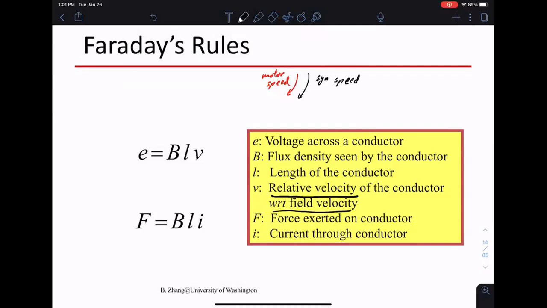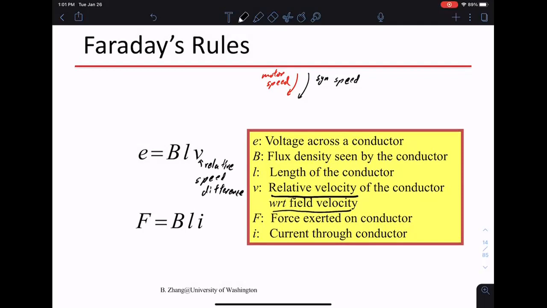Faraday's law tells us that if there's relative motion between the field and the conductor moving through the field, then you can produce some voltage. You get a voltage difference across if there's a relative speed difference. So this is how we generate voltage.